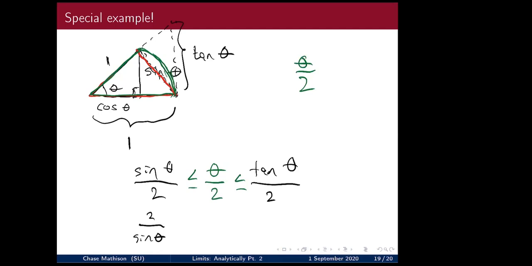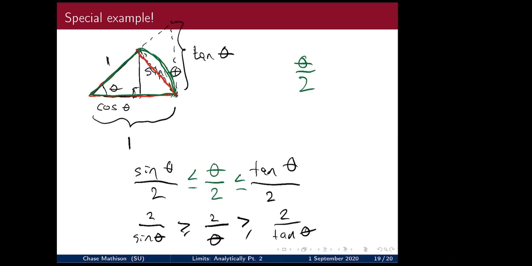If you flip everything, you also have to flip the inequalities, okay? This is greater than or equal to 2 over theta, and then that's greater than or equal to 2 over tangent of theta.